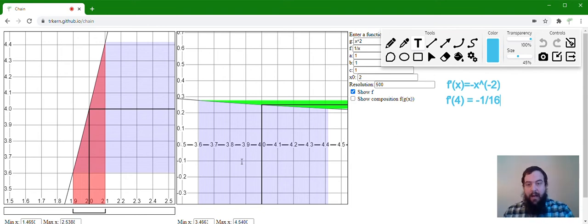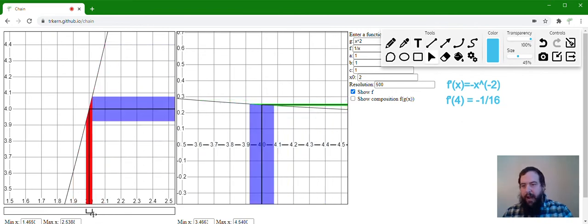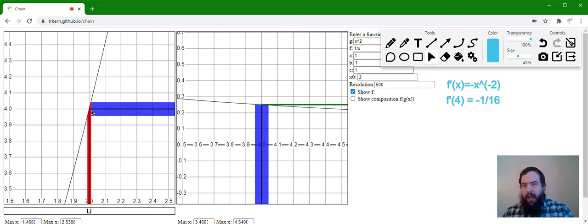So here, the size is approximately 0.8 coming in, and we see that the size of the output is approximately 0.05, which is 0.8 times 1/16, giving us this output here. And we can see that as we zoom in further on this graph, the approximations get better.